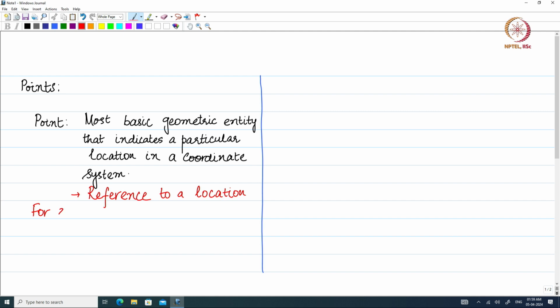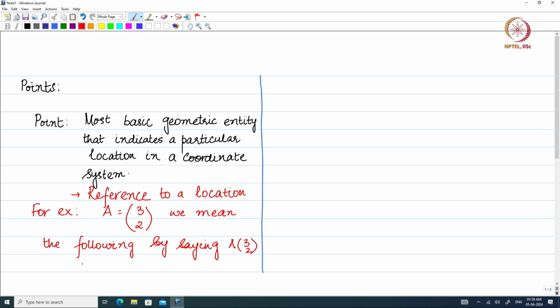A point A, which is denoted as (3, 2), we mean the following.